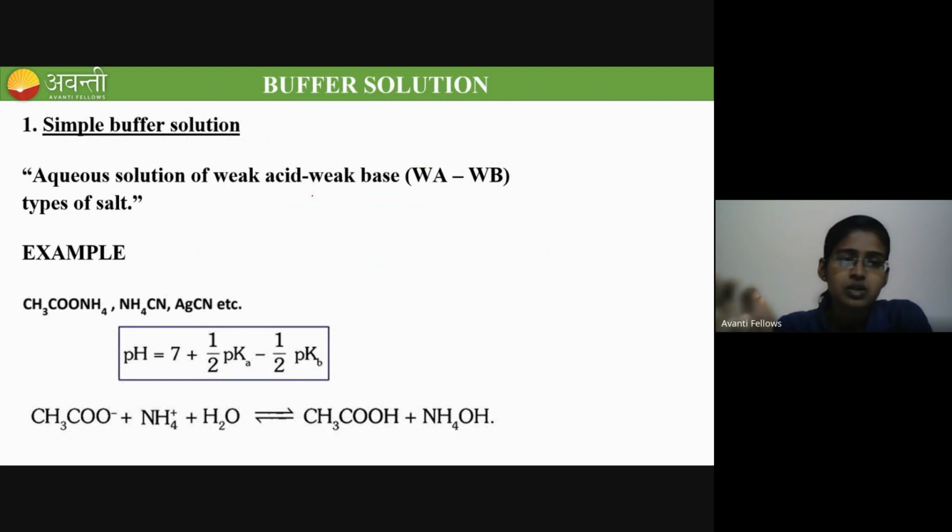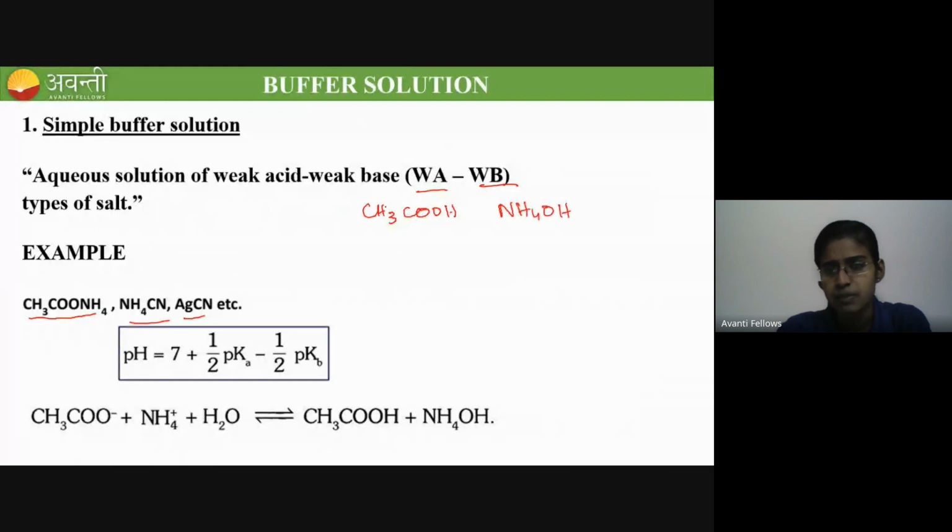It is an aqueous solution of weak acid and weak base type of salt. For example, ammonium acetate, ammonium cyanide, and silver cyanide. These are the examples. So weak acid and weak base. You can take CH3COOH as an example for weak acid and NH4OH as an example for weak base.